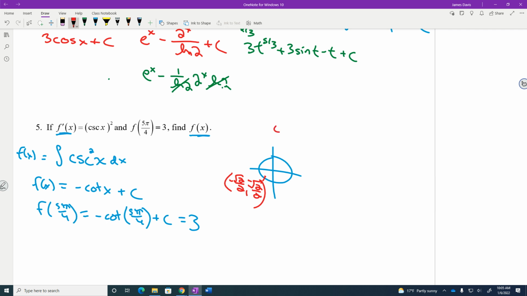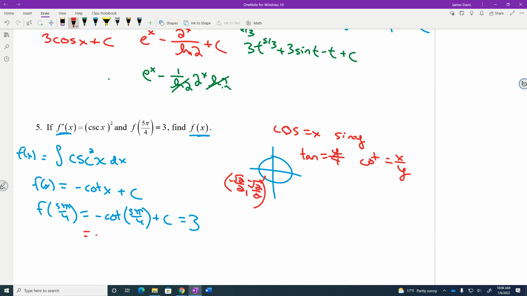Just a little refresher: cosine equals the x, sine equals the y, right? So tangent is sine over cosine, so it's y over x. Cotangent is x over y. In this case, it wouldn't matter if you have them switched. It's negative radical 2 over 2 over negative radical 2 over 2, which is just 1.